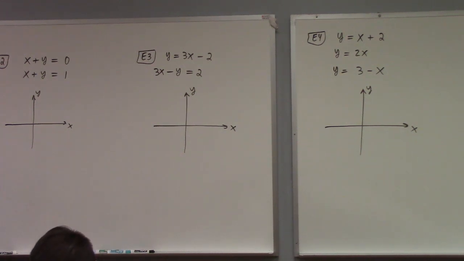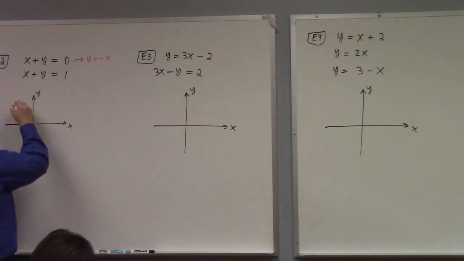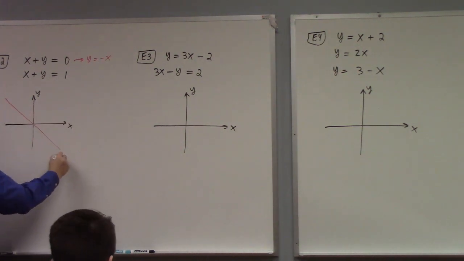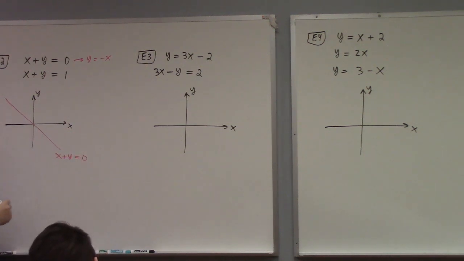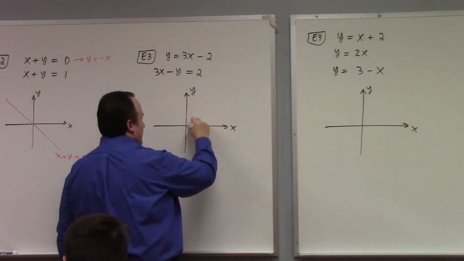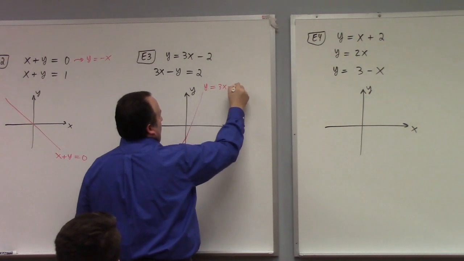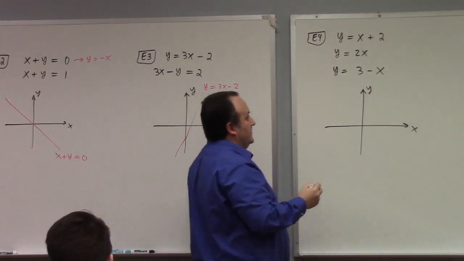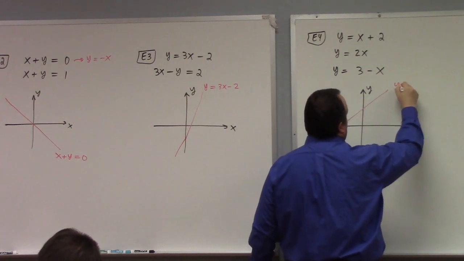First equation here is just solve for y, right? Y equals minus x, so it's this guy. That's the same as x plus y equals 0. Here I've got a y-intercept of minus 2, a slope of 3, so it's something like this, right? And this guy, y-intercept of 2, slope of 1, something like that.